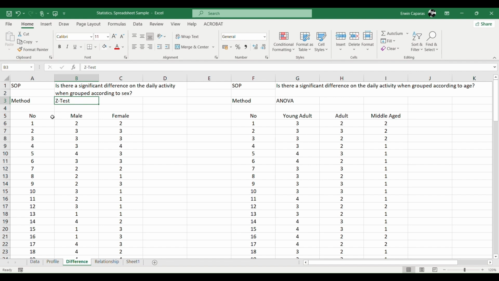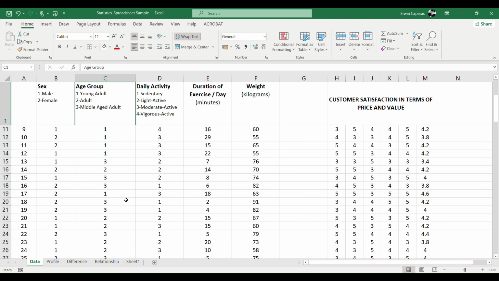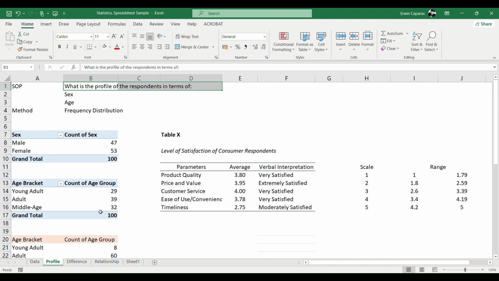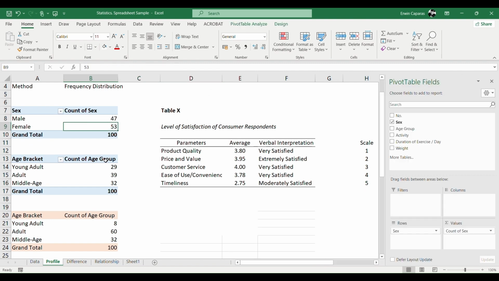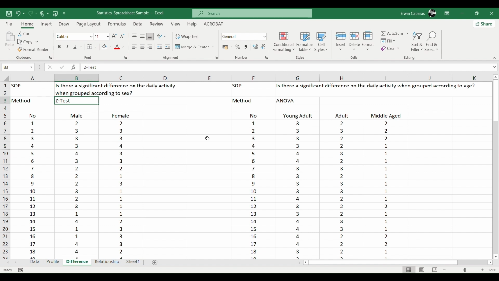Going back to our data, the profile of the male and female is 47 and 53, both beyond the minimum requirement of 30, so we will be using z-test.